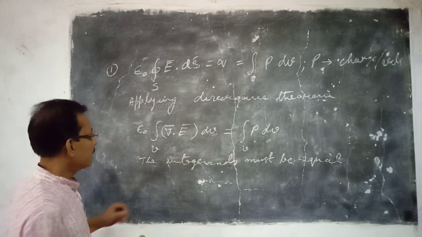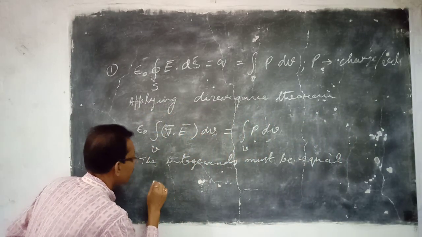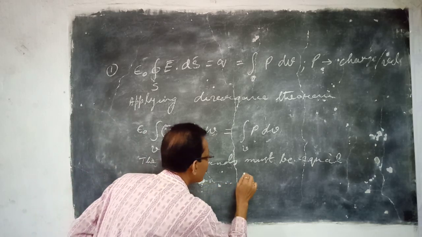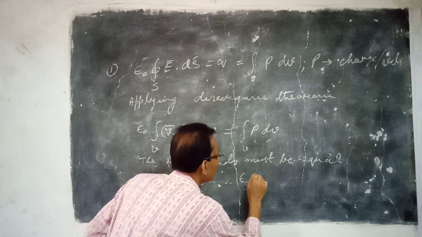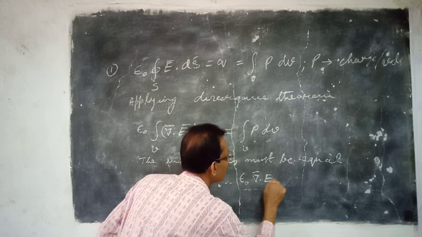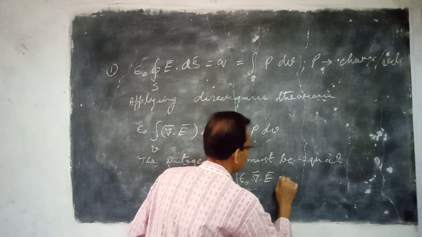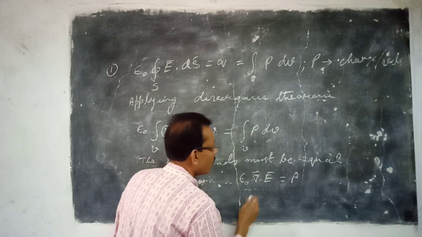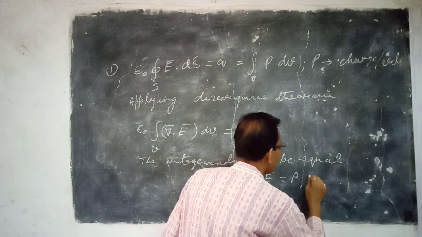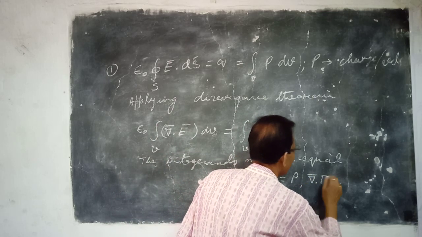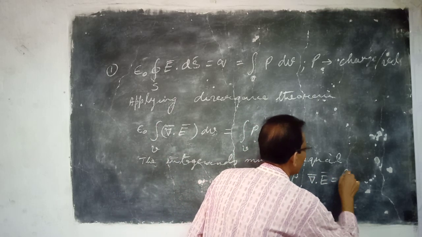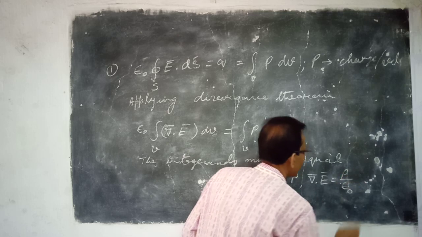Therefore, if the integrands are equal, we write epsilon 0 into divergence of E is equal to rho, or divergence of E is equal to rho by epsilon 0.